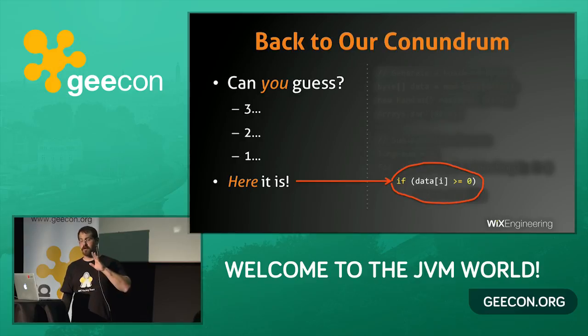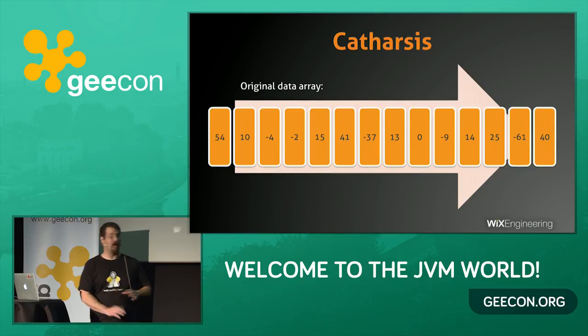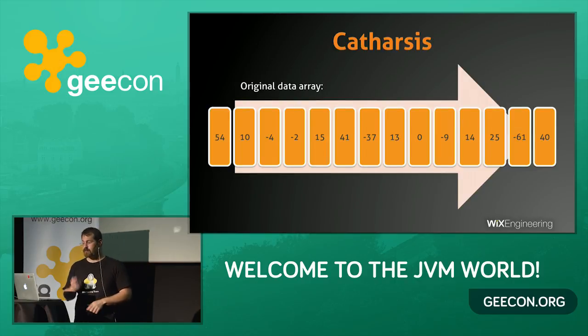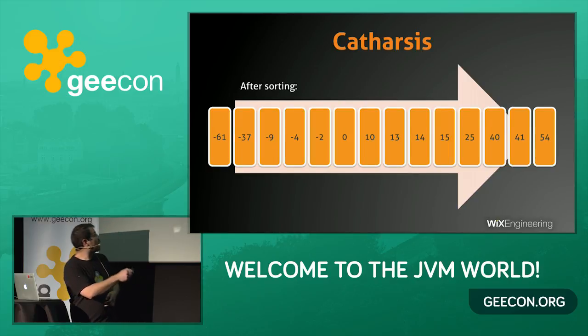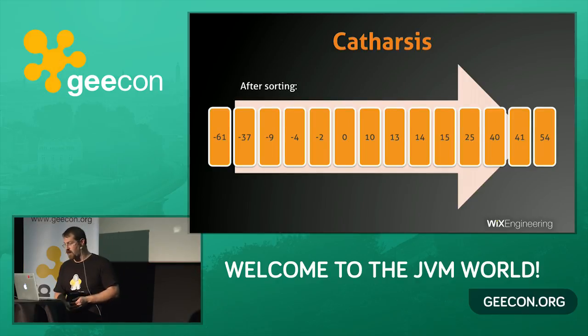Now, let's consider what the CPU actually does for this algorithm. We have an array of bytes, just a completely random stream of bytes. If we actually sort that array, we end up with all of the negative numbers on one side, all of the positives on the other side, and the 0 is somewhere in the middle.